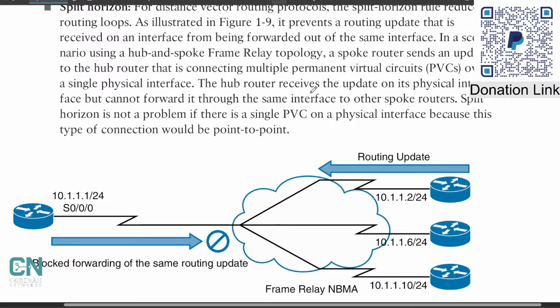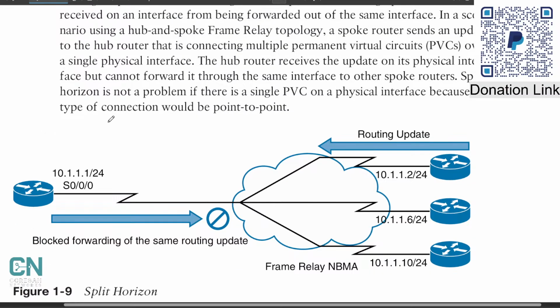The hub router receives the update on its physical interface, but cannot forward it through the same interface to the other spoke router. A split horizon is not a problem if there is a single PVC on a physical interface, because this type of connection would be point to point.